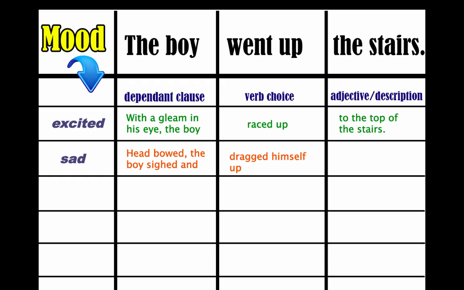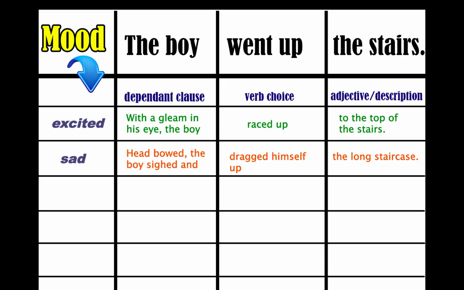I said adjective. A nice verb into the situation. Say he dragged himself up. It's a nice descriptive verb. He dragged himself up the long staircase. I'm going to use this phrase here, the long staircase, because when you're sad and you're going up something very slowly, it is the opposite of racing up, where you're racing to the top.